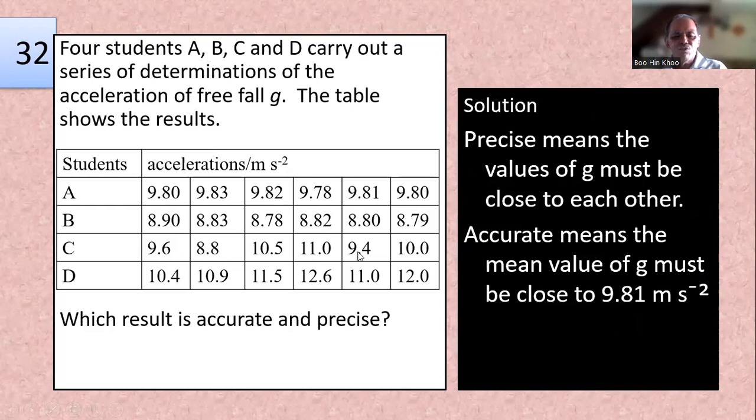This one is scattered too far away, so it cannot be accurate. This one, the mean value is likely to be more than 10, so it cannot be accurate. This one looks like it's accurate, and the values are also close to each other. It's precise and accurate. A.